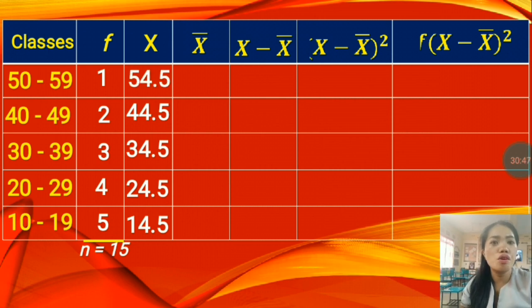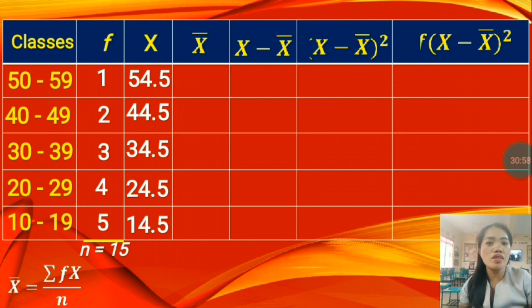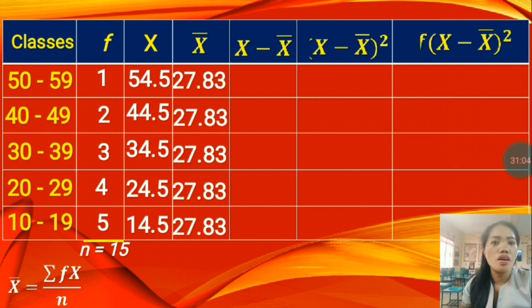Then you have 54.5. Then for the sample mean, the sample mean is the summation of fx over n. So our sample mean is already solved.